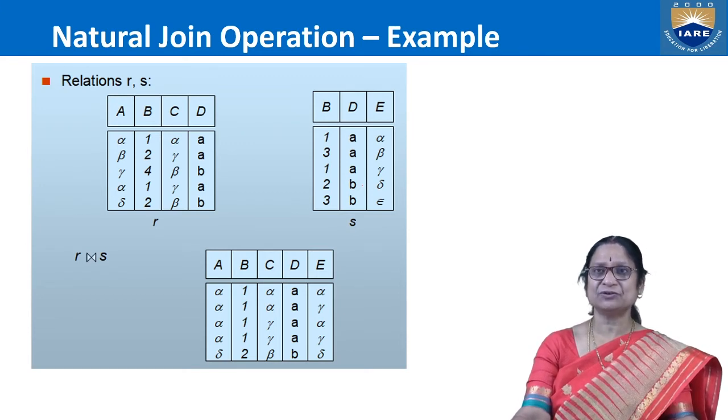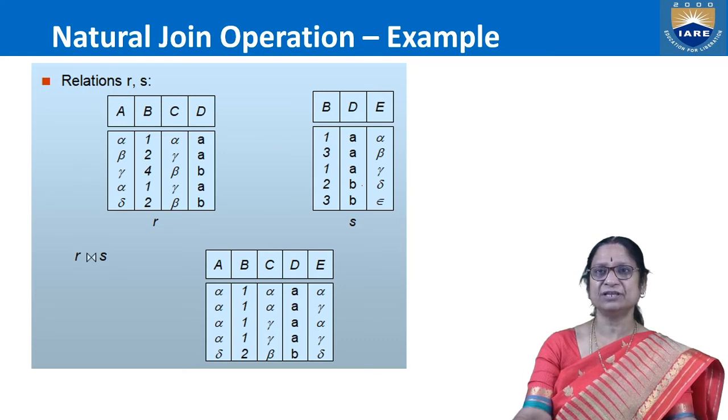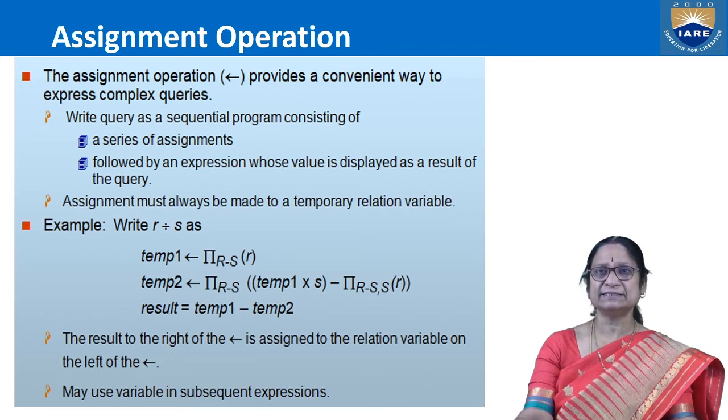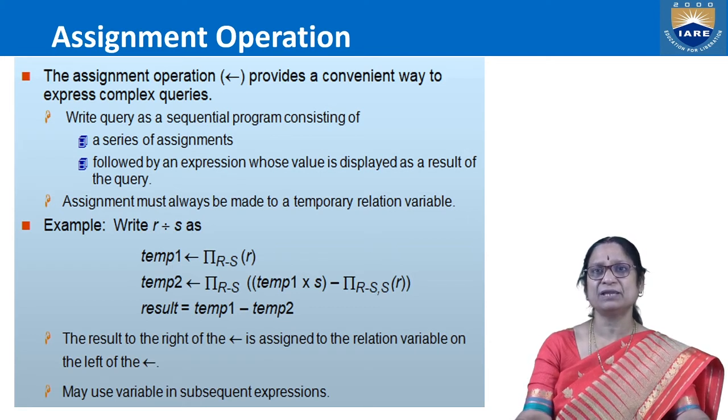So this is a subset of CP, satisfying the condition of common values in the common attributes. So by using this natural join, whatever the necessary items are, they get listed, and unnecessary items are going to be eliminated actually.